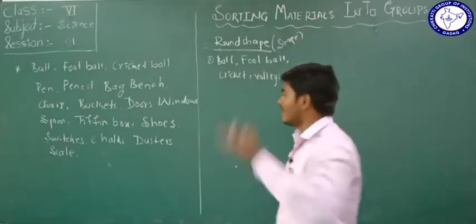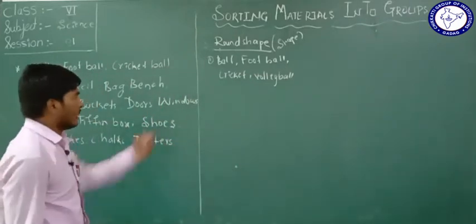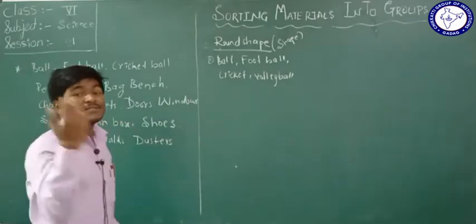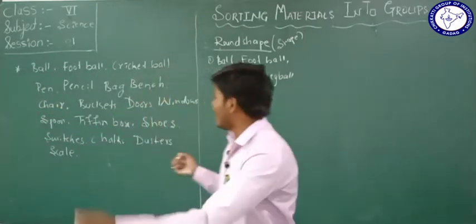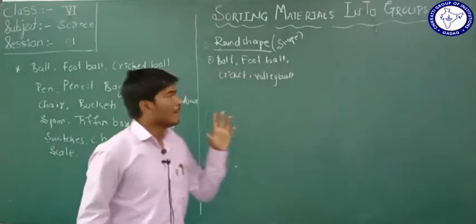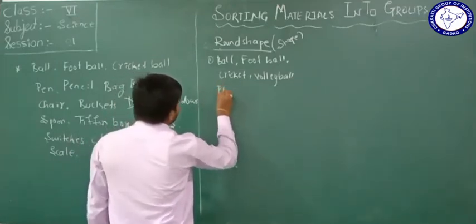Is it clear? Now I am going to group the materials based on the material from which they are made. So now I am considering some of the materials which are made of plastic. Second one, plastic materials.